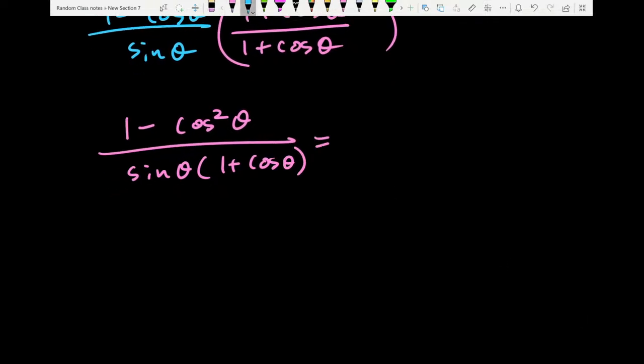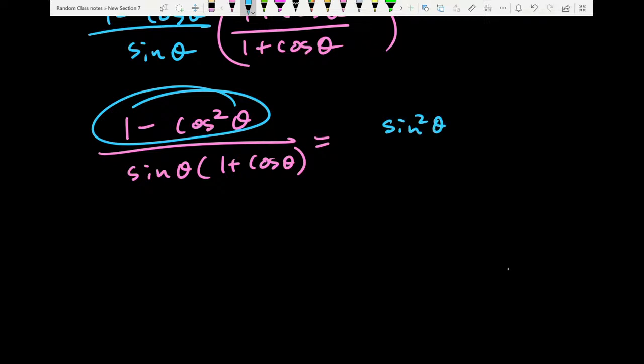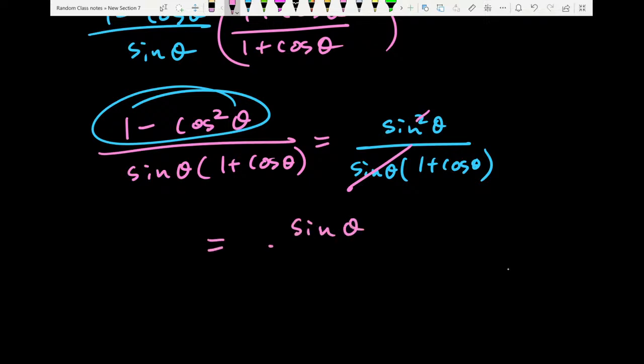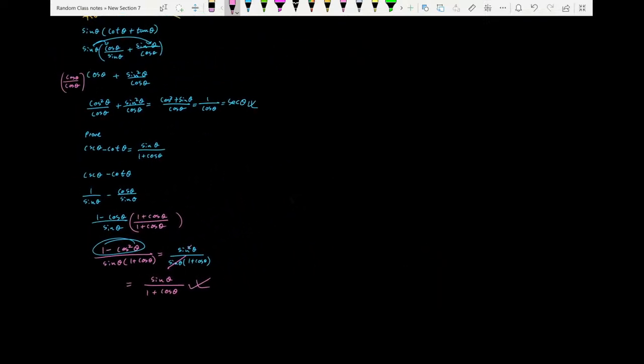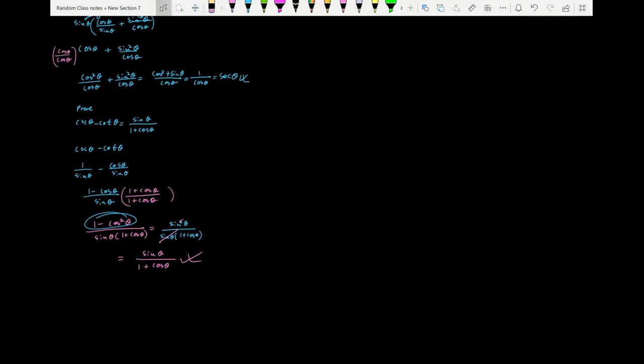Ooh, look at that. What happens to this one? It just becomes sine squared of theta over sine of theta times 1 plus cosine of theta. And you cancel this out and you get sine of theta over 1 plus cosine of theta. Wow. Now that looks like what? Right over here.